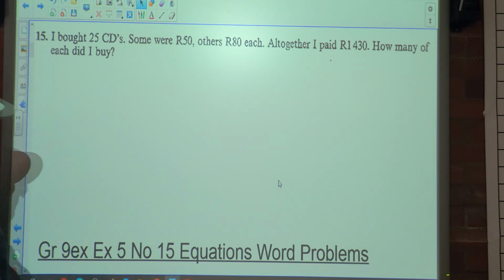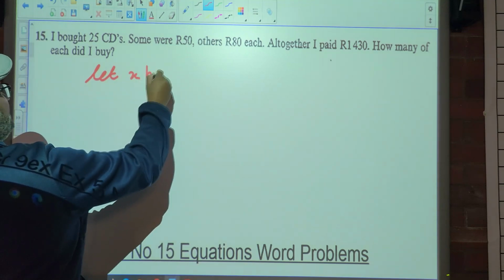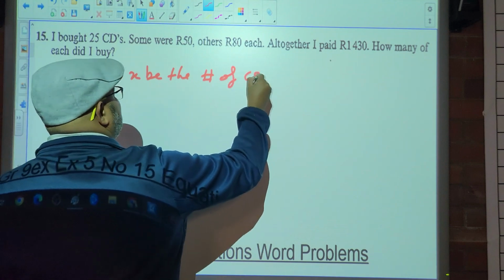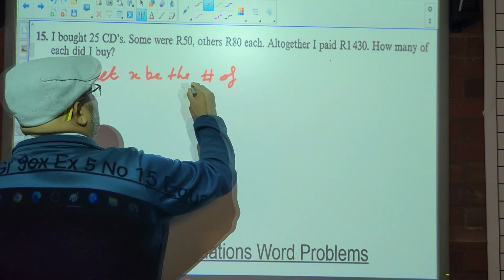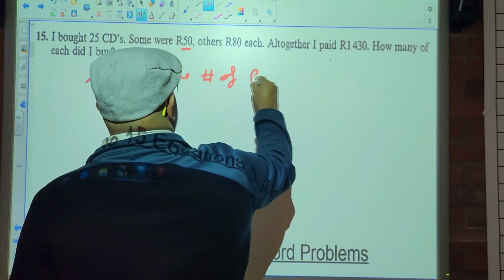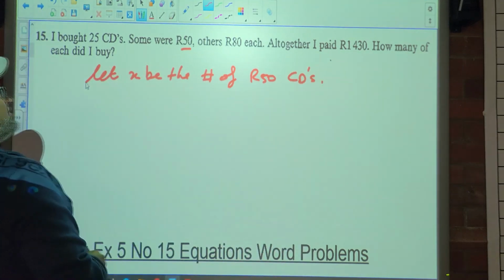25. So what I'm going to do is say let X be the number of 50 Rand CDs. Not so?